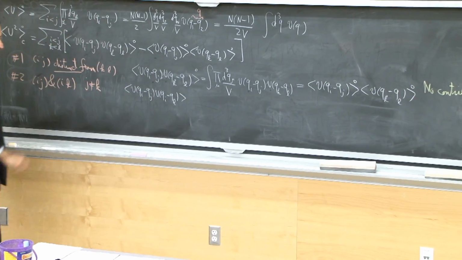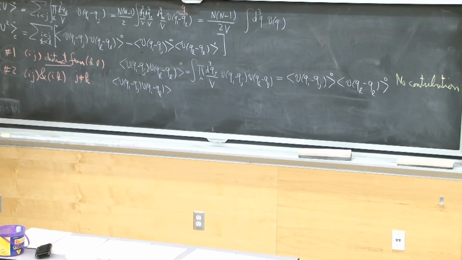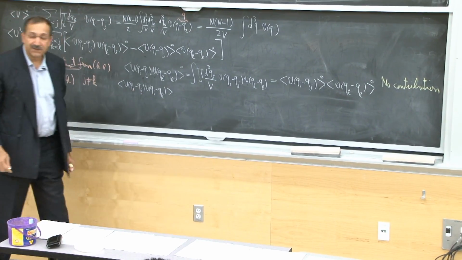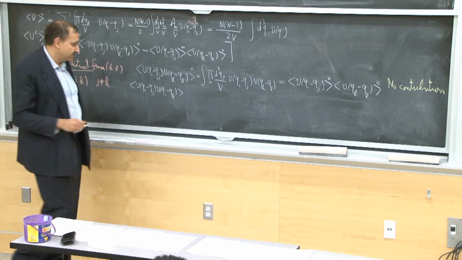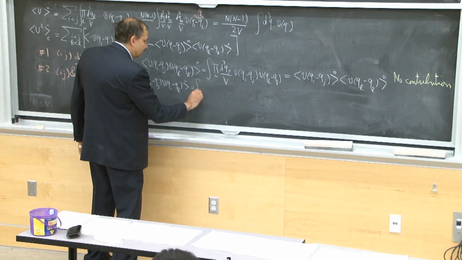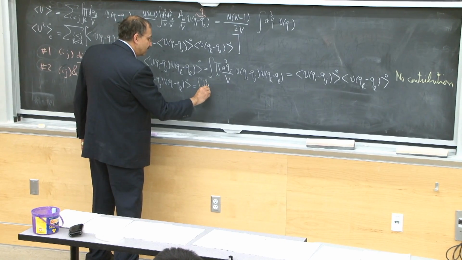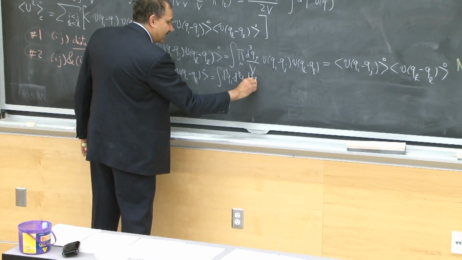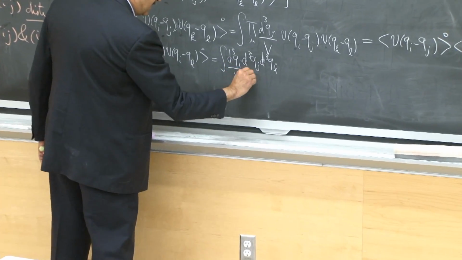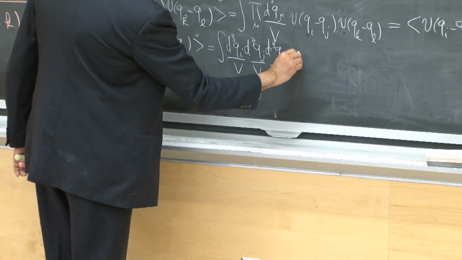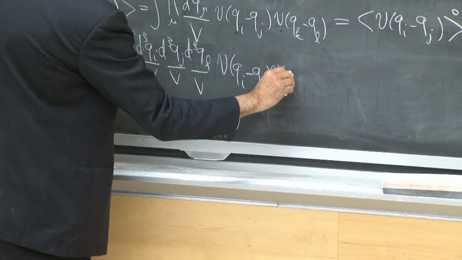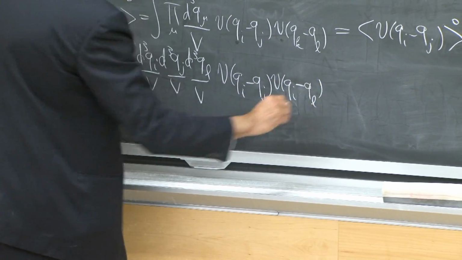You can see that essentially the three integrals that I need to worry about are the integrals that involve these three indices. All the others will give me 0. So this is going to be the integral over qi, qj, ql divided by v, I have v of qi minus qj, v of qi minus ql.